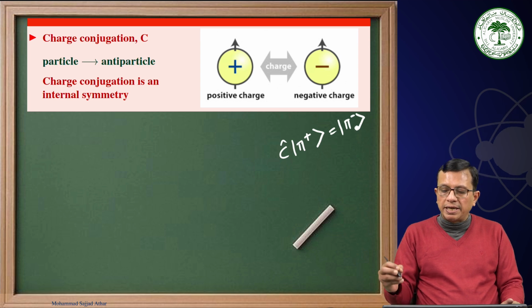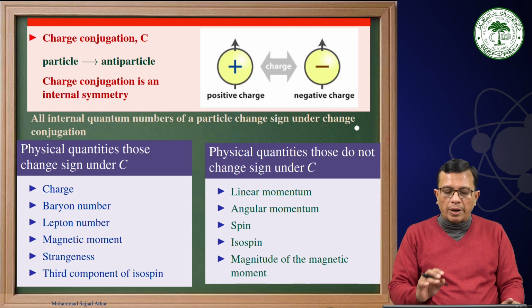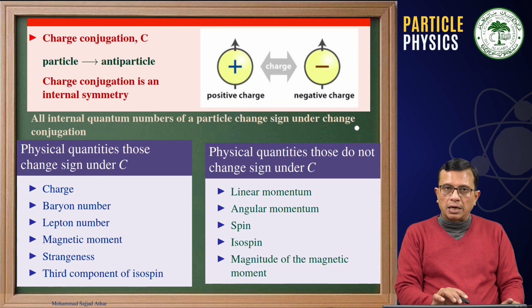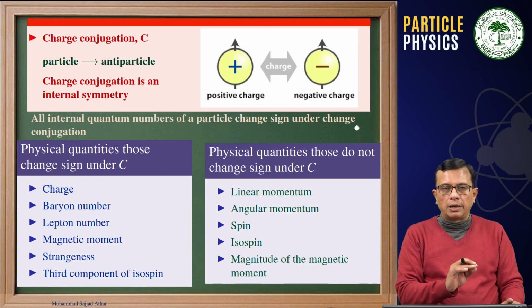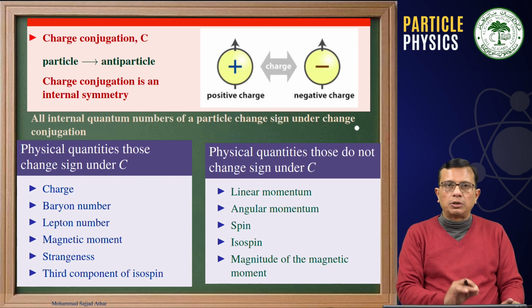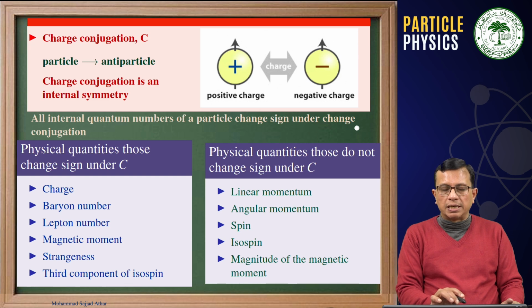And it is an internal symmetry, and the different quantities that it changes are the charge, because we are going from pi plus to pi minus, proton to antiproton, and therefore charge is getting changed.